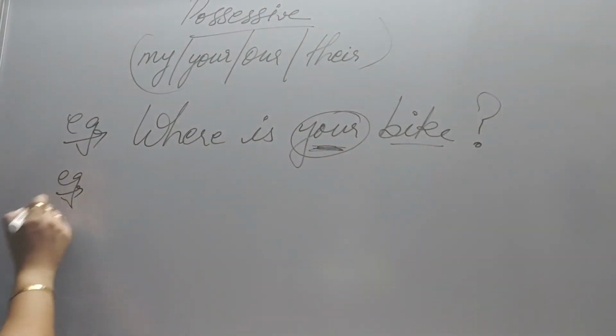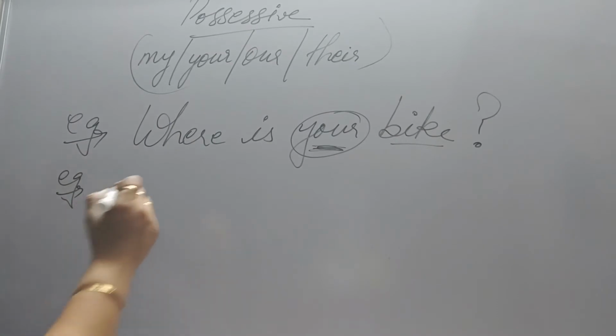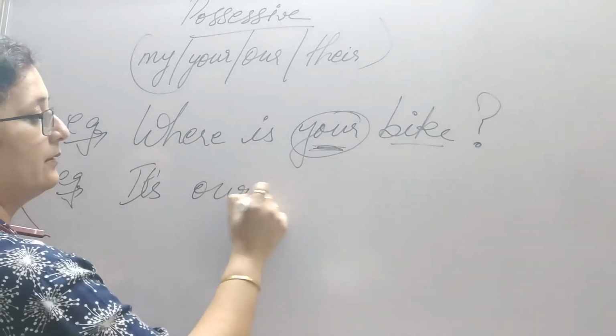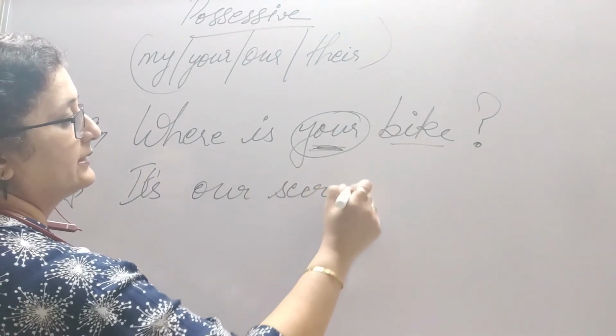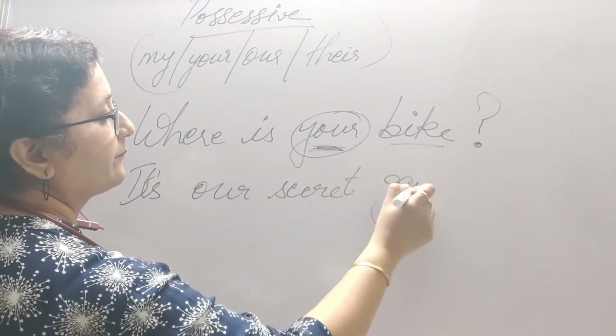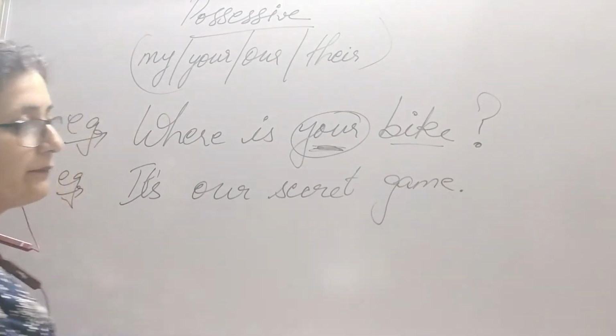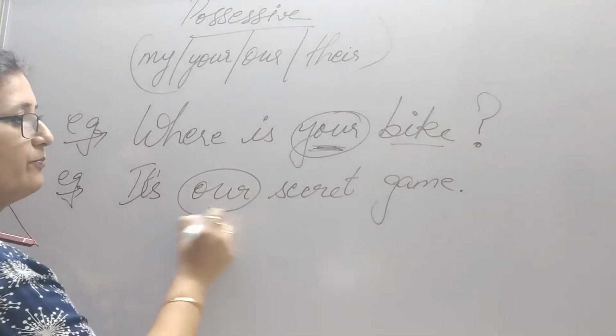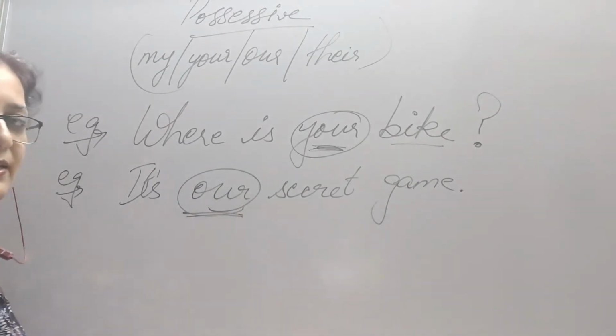Yet another example: it's our secret game. Now there is some secret game that you children play, and it's your secret game. So you've mentioned there, it's our secret game.